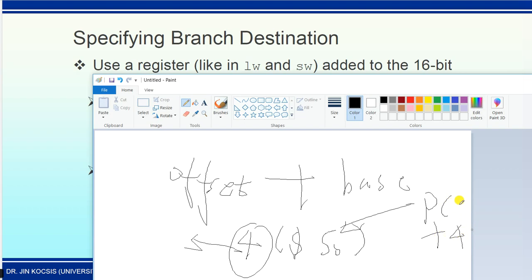I just want to emphasize one more time, the program counter contains the memory address of the currently running instruction, and PC plus 4 represents the memory address of the next instruction by default, which is the memory address of the instruction right after the currently running instruction.